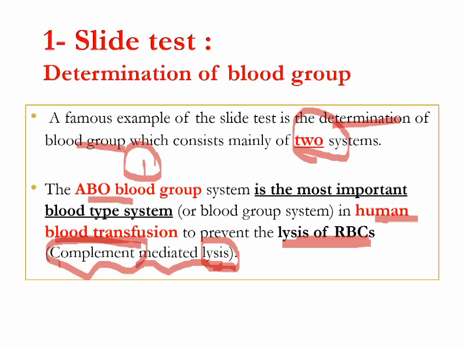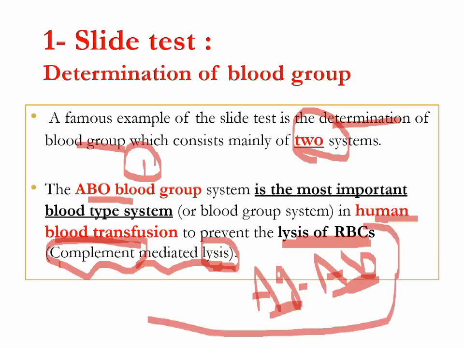On the formation of the antigen-antibody complex, which is the antigen expressed on the red blood cell and the antibody which is against this antigen expressed on the red blood cell, on the binding of them and formation of the antigen-antibody complex, the lysis of the red blood cells will occur with the help of the complement protein found in the blood. So this is why it's called that the lysis is mediated with the complement protein.